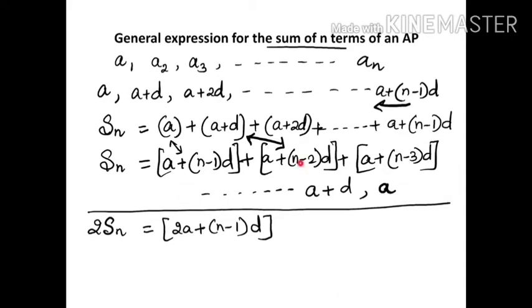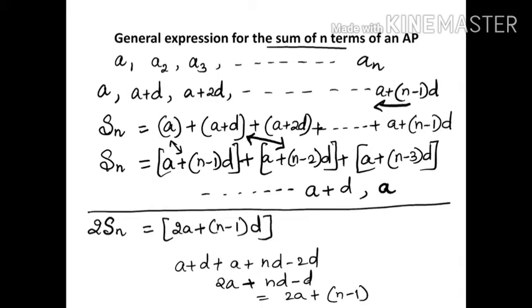You can simplify these two in the rough column. a plus d plus a plus (n minus 2)d, I will multiply with d, so nd minus 2d. On simplifying this, minus 2d plus d will give minus d, which is the same as 2a plus (n minus 1)d.